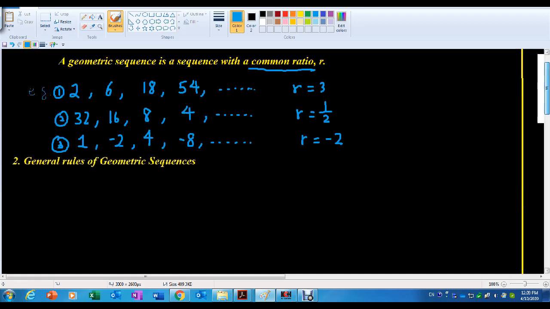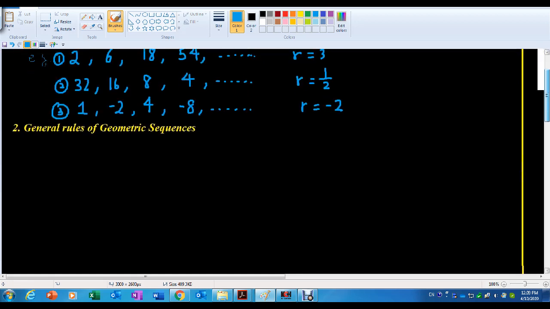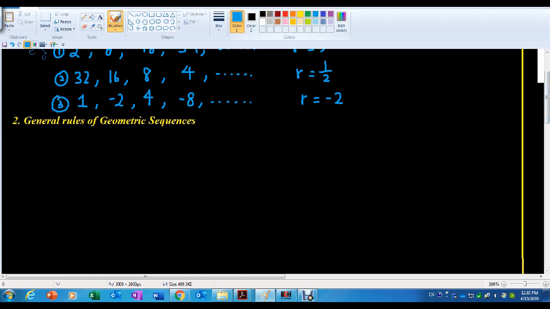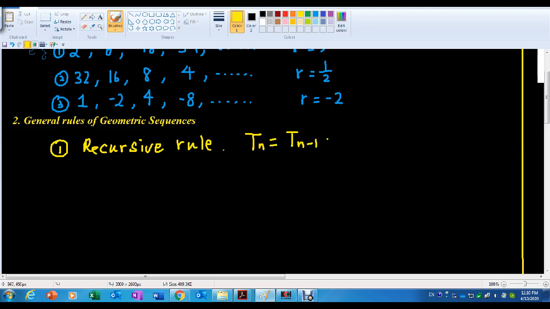Do we have any general rule for geometric sequences? First, the general rule we've learned is a recursive rule, or recursive formula. For a recursive rule, you always have Tn equals Tn minus 1 times the common ratio.